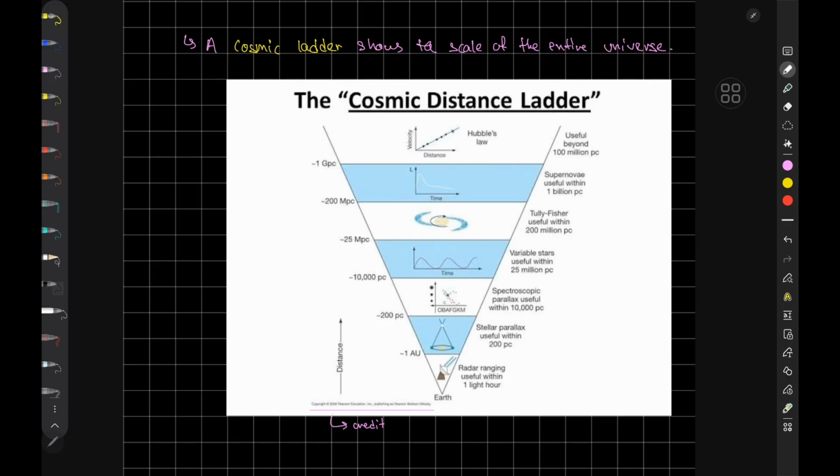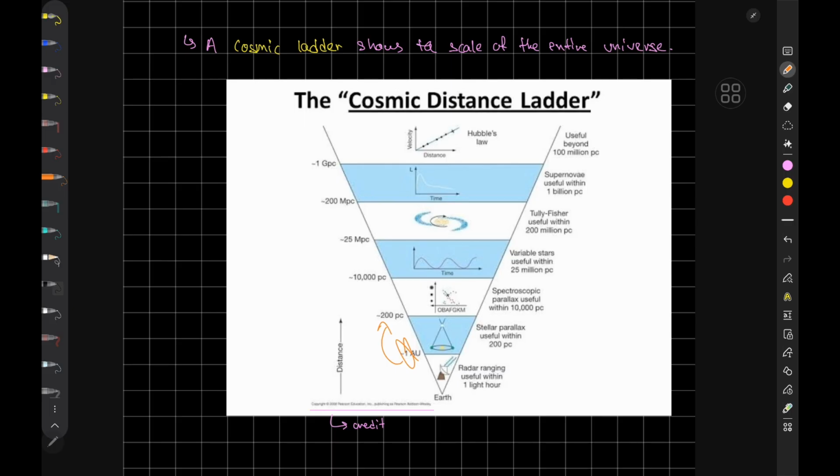So the cosmic ladder is basically showing the scale of the universe we live in. Something nearby the Earth is within 1 astronomical unit, which is most likely the distance between us and the sun, so that is 1 AU, 1 astronomical unit. And then you go to parsecs, which is again a unit of distance.